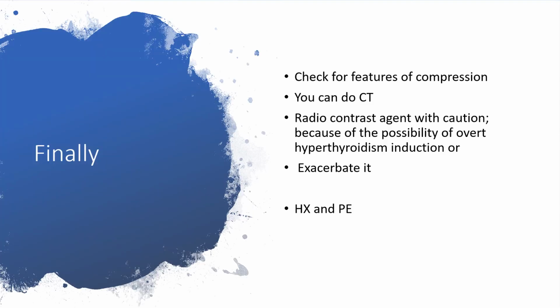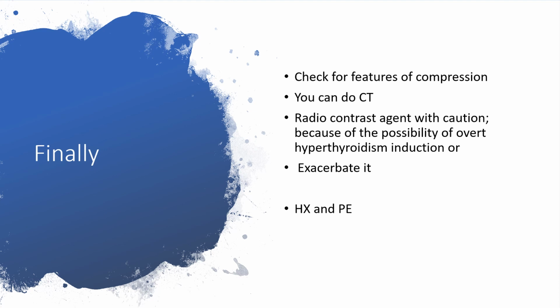Finally, check for features of compression. You can rewind this very presentation to get the features if you are confused. Okay, you can do CT scan. And of course, radio contrast agents should be administered with caution. And somebody will ask me, why that?